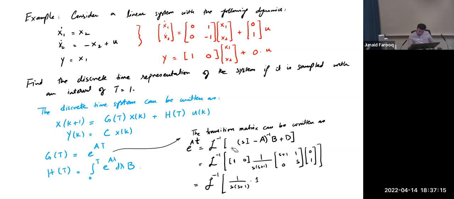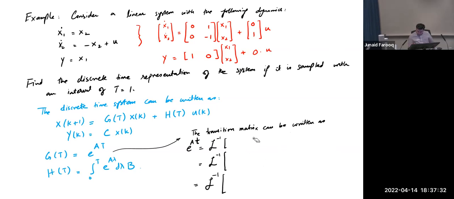It shouldn't be all of this. It's simply (sI minus A) inverse. That was the transfer function that I just wrote.